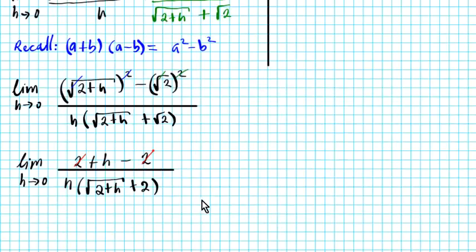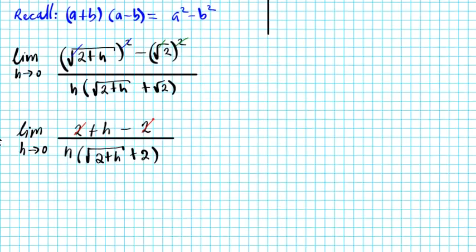And then you're left with the limit as h approaches 0 of h divided by h times the square root of 2 plus h plus root 2.